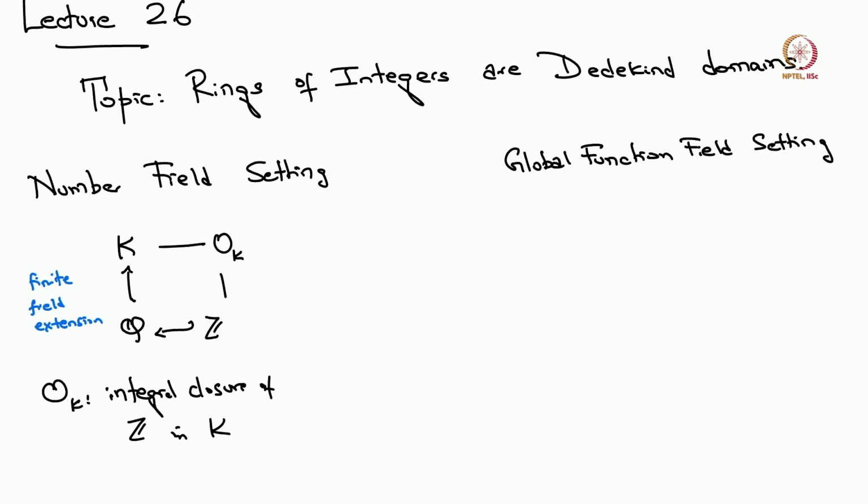And in the global function field setting, the base field is F_p(t), and once again we have a finite field extension, and in this case, since the characteristic is p, we require the extension to be separable. So we want a finite separable field extension.